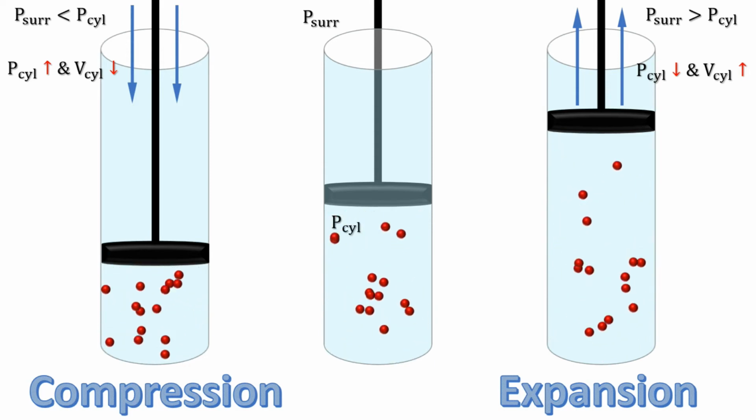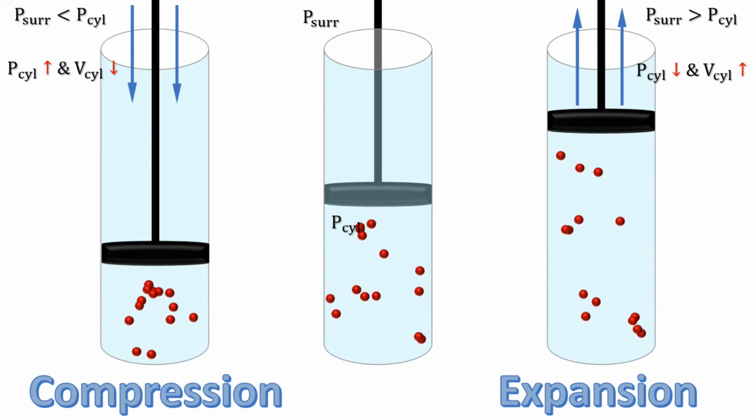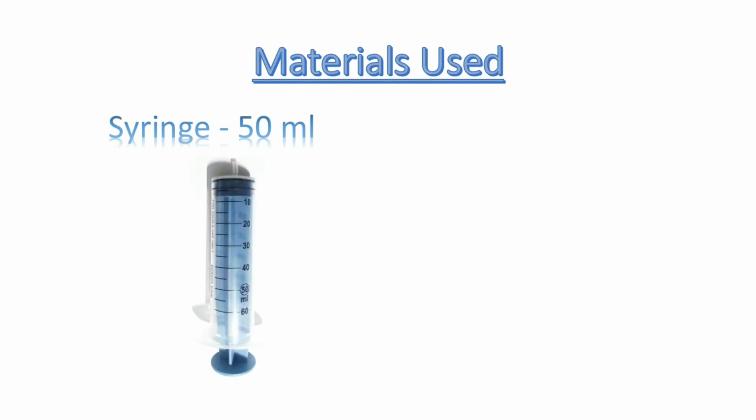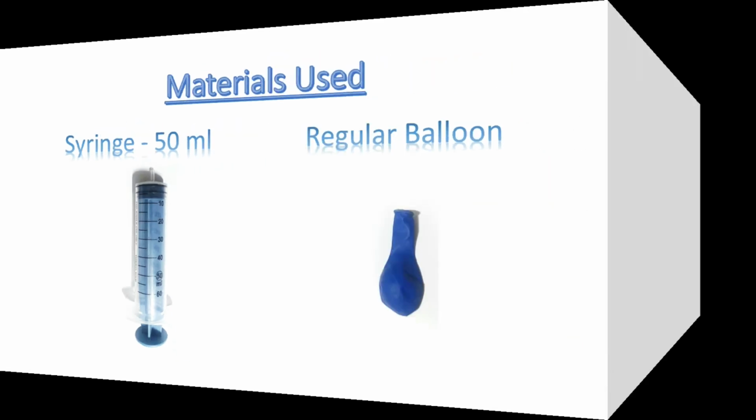Now, let's observe it with a real-life practical. This is a very simple practical that you can also perform at home. For that, you will need two materials. The materials for the coming experiment are a 50 ml syringe and a regular balloon, any normal balloon, so that we can fill air inside it and observe the changes.